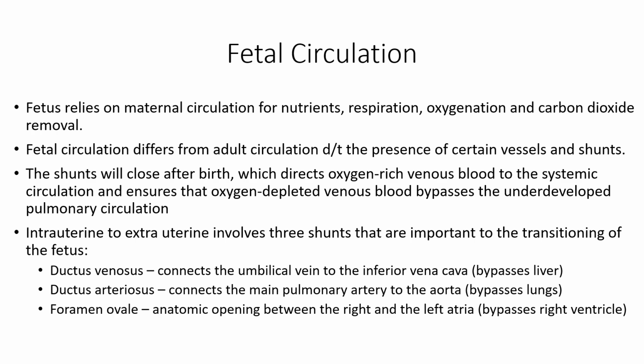The baby is gulping fluid into the lungs, so in the fetal circulation in utero, it's bypassing the lungs. And lastly, the foramen ovale, which is an anatomic opening between the right and left atria, bypasses the ventricle.